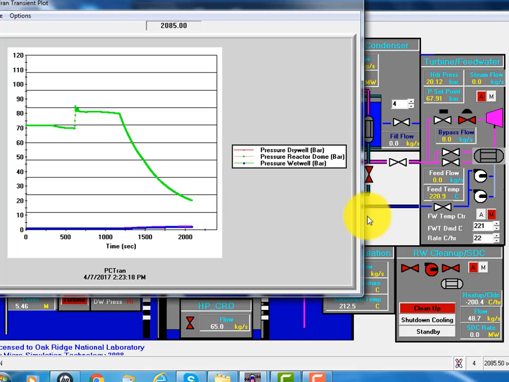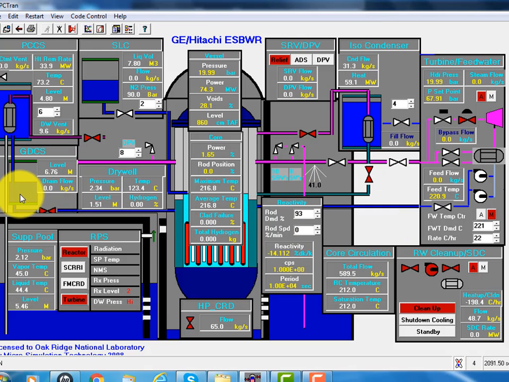So this is a way to control the ESBWR without a recirculation loop for normal power operation, and without AC-driven emergency core cooling and containment cooling.